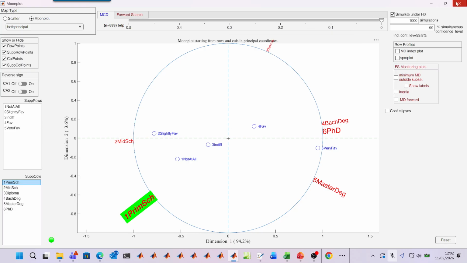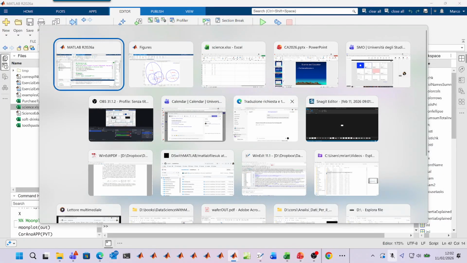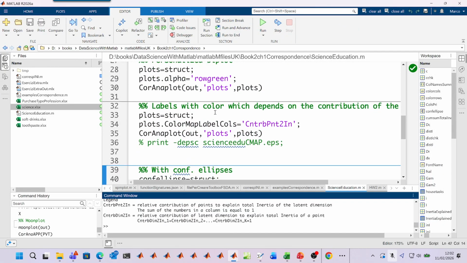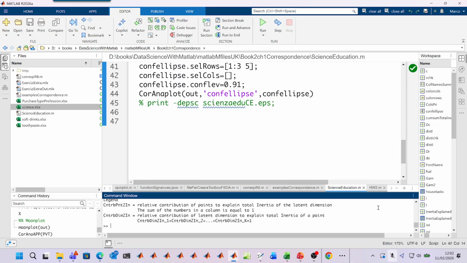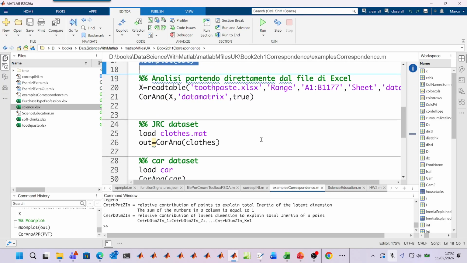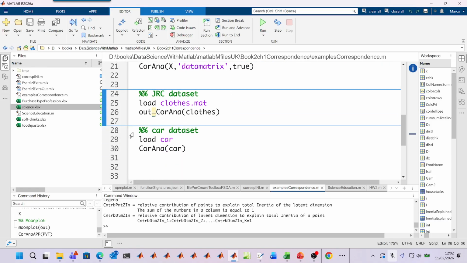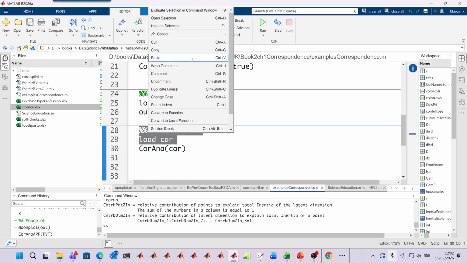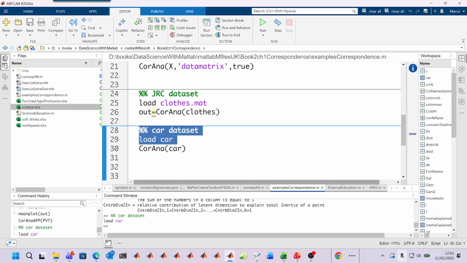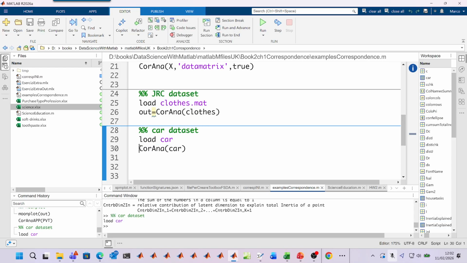Then let us see another example with the ellipses. Example correspondence. Right. Let us see, for example, the car dataset, Corana car.